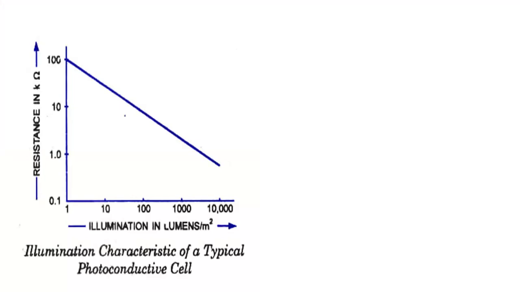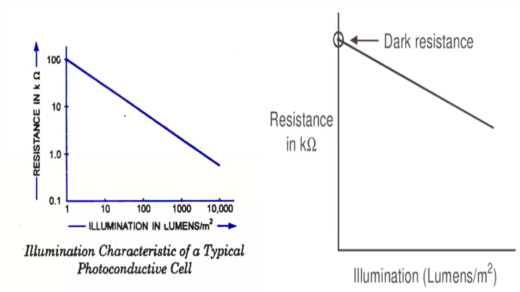The major drawback of the photoconductive cells is temperature variations, which cause substantial variations for a particular light intensity. The illumination characteristics of a typical photoconductive cell are shown, from which it is obvious that when the cell is not illuminated, its resistance may be more than 100 kilo ohms.